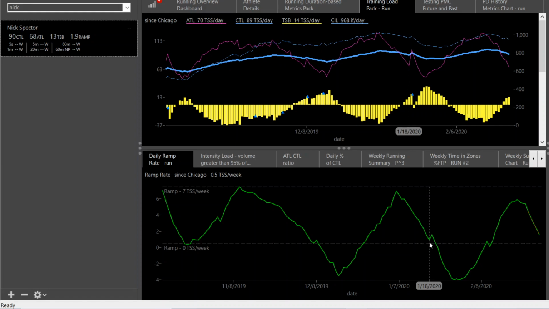I would have liked to see that get to a negative ramp rate for a day or two, and a TSB in that range of plus 15 to plus 25. But the great thing is Nick really caught it well, and he got his qualifying time, which was awesome. We were elated. I was elated. I'm sure he was as well.